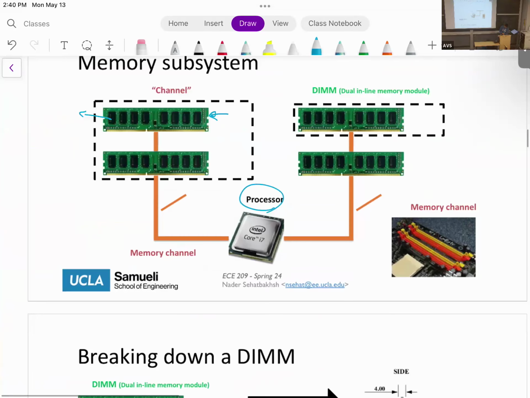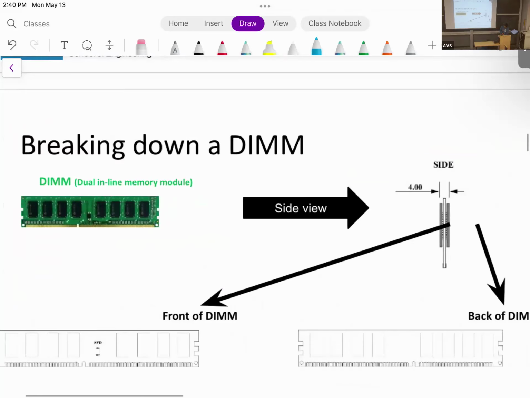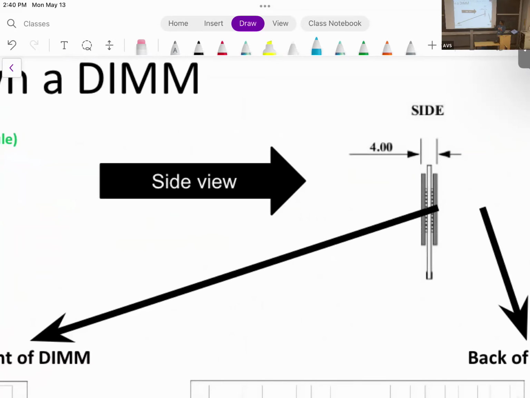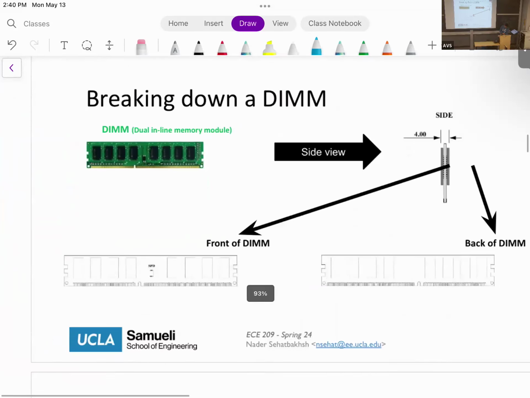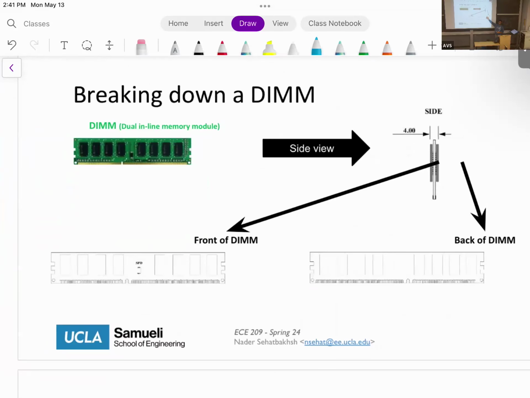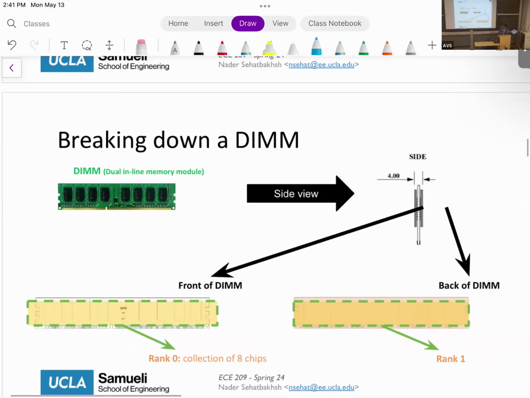Okay. So now if you look at the DIMM, it looks like this. It's actually very narrow and tiny. I'm sure most of you have seen it. Then usually a DIMM has a front and a back. Okay, and as I said, on each side you will have chips. Each side we call a rank.